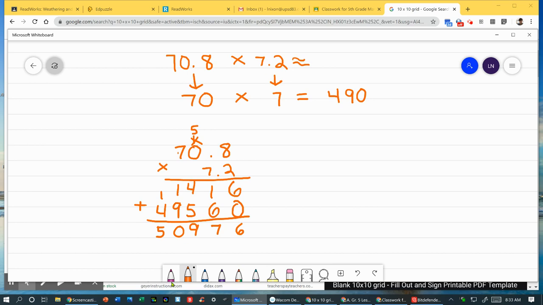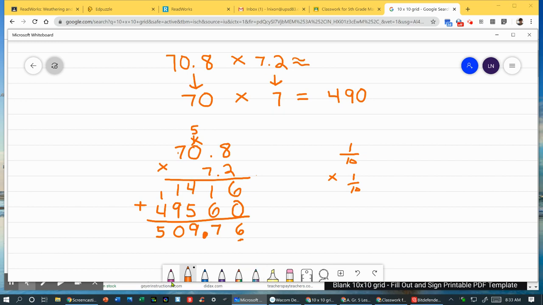So remember, we had a certain number of tenths times a certain number of tenths. So if you think about that, when you're doing tenths times tenths, of course, you would get hundredths. We need to place the decimal, so the last digit of our product is in the hundredths column. Here is where the decimal would be placed.